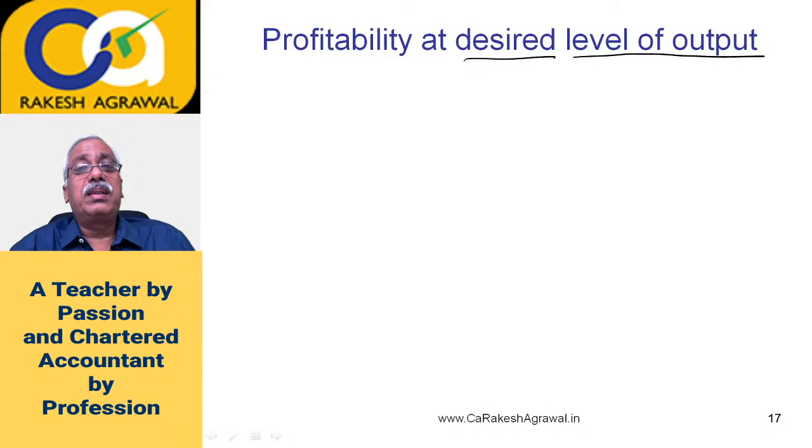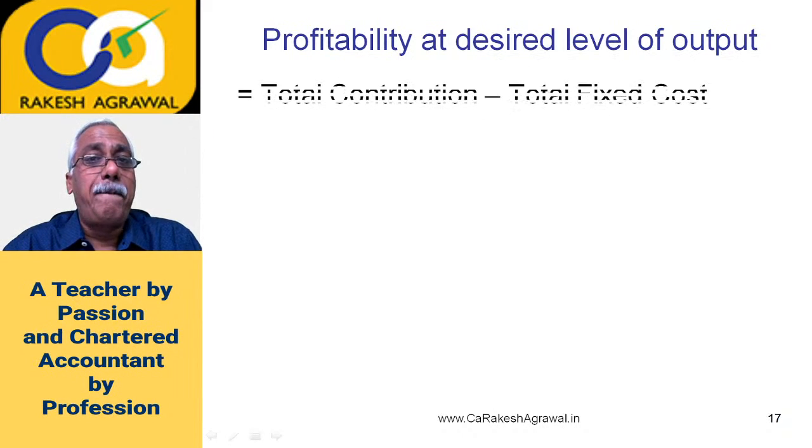Or if the production manager says that next year I am planning to operate my plant at 75% capacity, then what is the profit you will expect? So the production manager is asking the finance manager that if I operate my plant at so and so level of activity, what will be the expected profit? All this can be answered by you by using a simple formula.